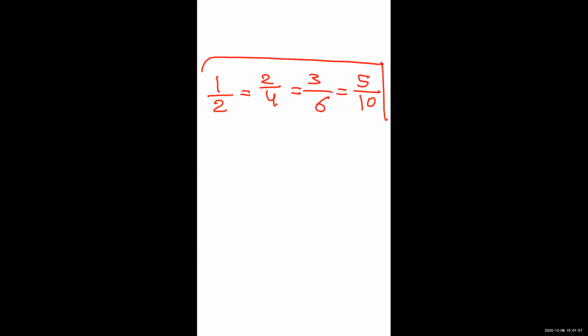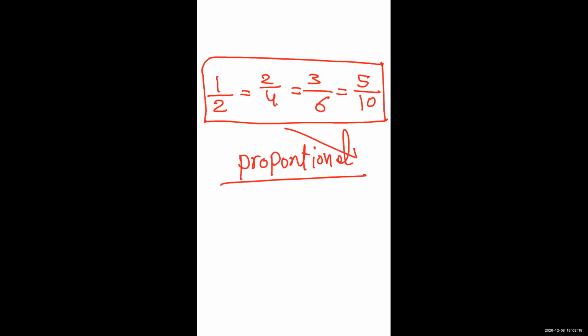All these ratios are the same or equal. So equality of the ratios means that all these numbers are proportional. So the definition of the proportion is the equality of two or more ratios.